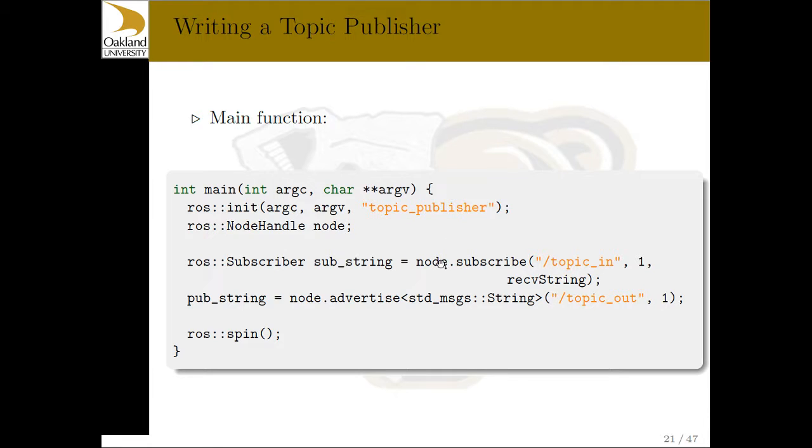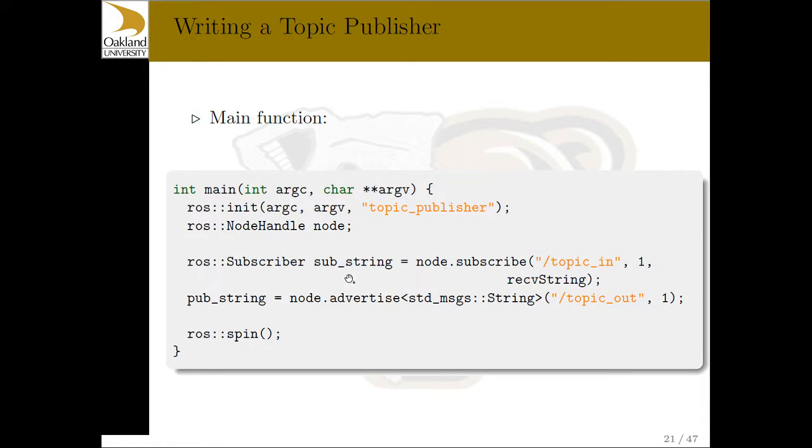The node handle has a method called subscribe. We give the name as the first argument, a buffer size, which we'll talk about some more in a little bit, and a function callback. Essentially what's going on here is we're telling the ROS system that we want to subscribe to this topic called topic in, and we want to call this receive string function every time we get a message on that topic.